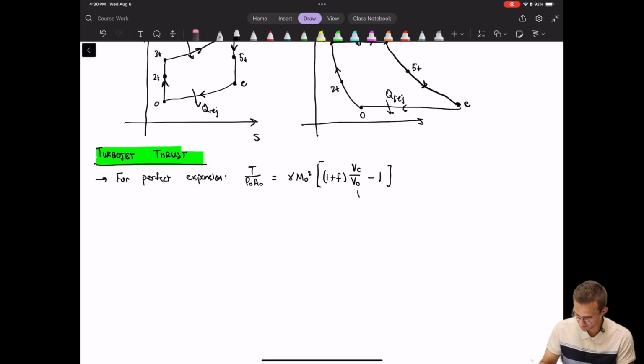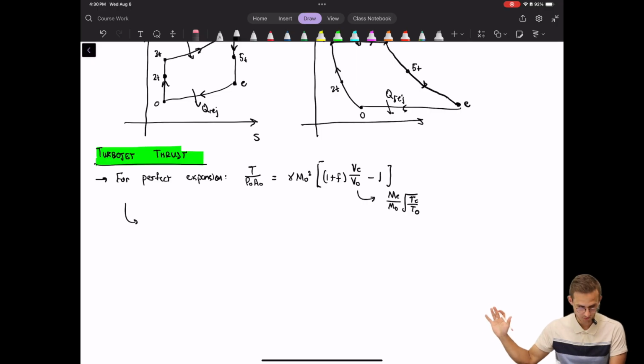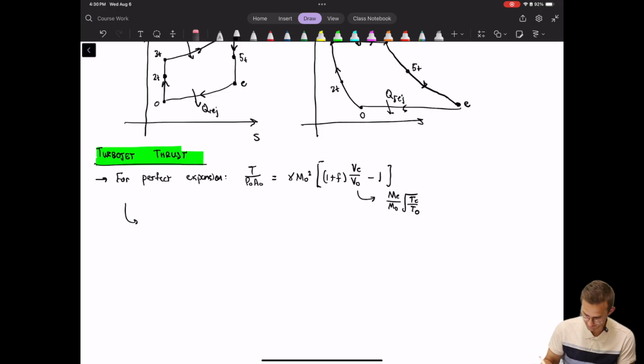Okay, and then of course we're going to replace VE over V naught by ME over M naught times the square root of TE over T naught in general. Okay, now we're going to go full ratio notation here. So bear with me.